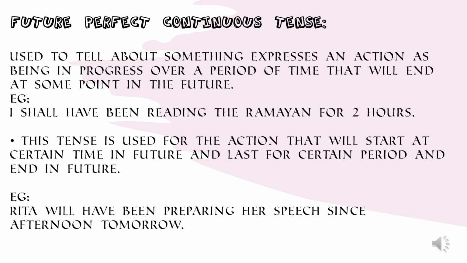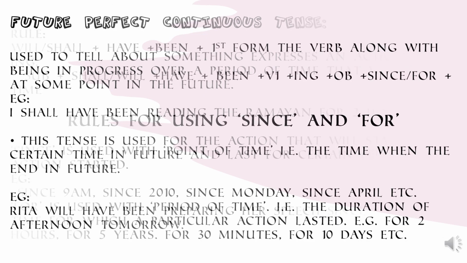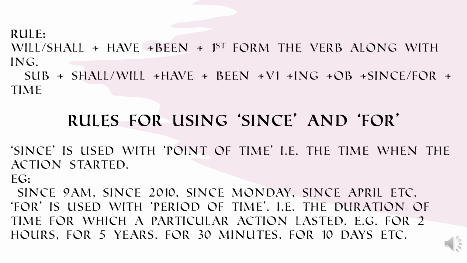So these sentences show us future perfect continuous tense, and we see in the sentence an action expressed as being in progress over a period of time that will end at some point in the future. Rules: will, shall plus have plus been plus first form of the verb along with ing.